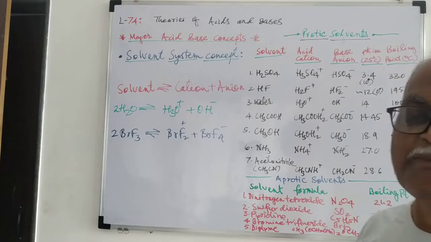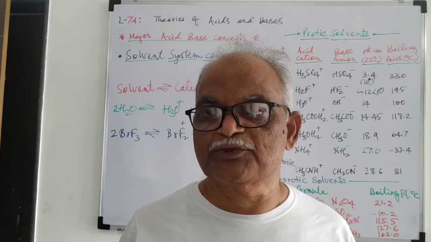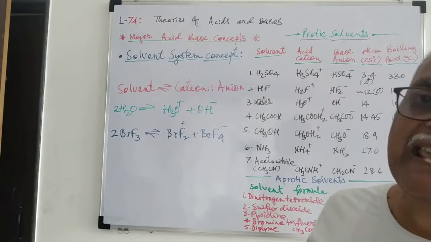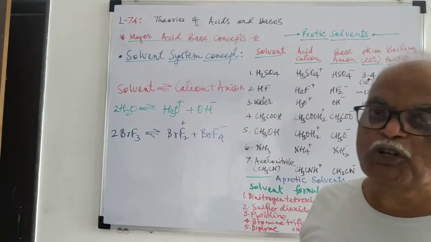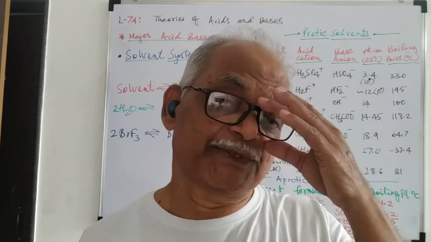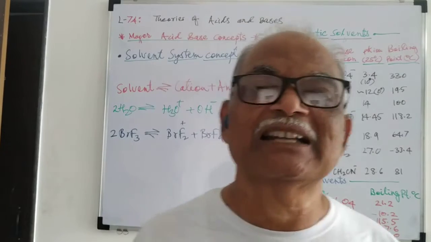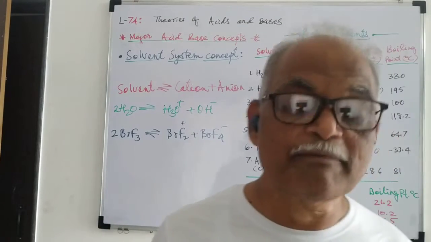Acids and bases are actually solutes, but when dissolved in a suitable solvent, they produce more cations or anions, and depending upon that they are considered acids or bases.